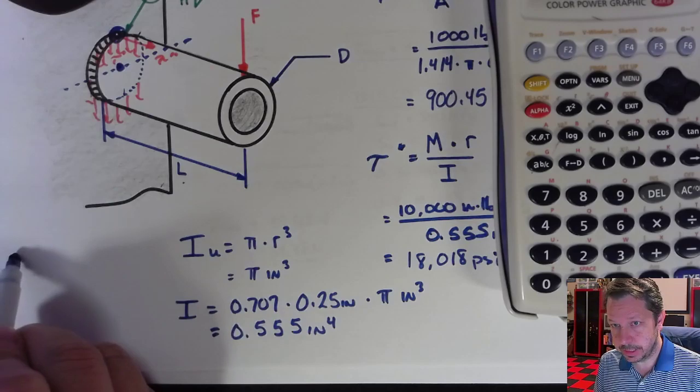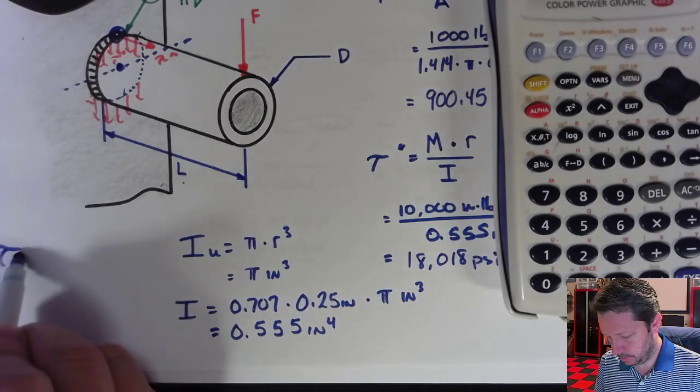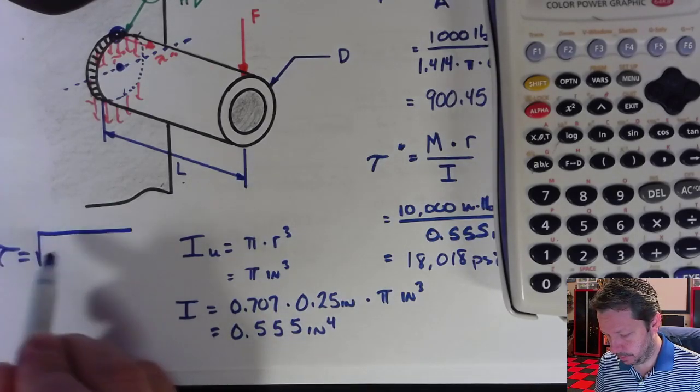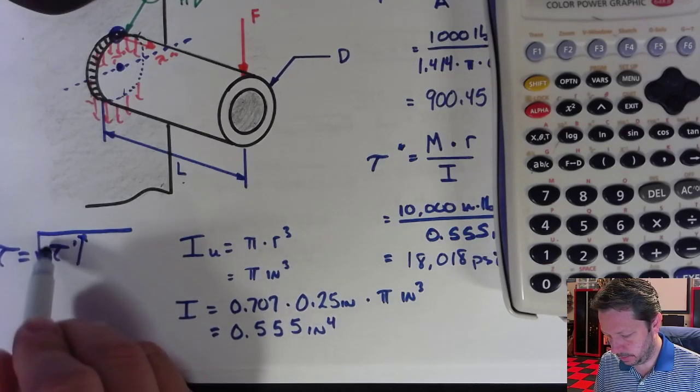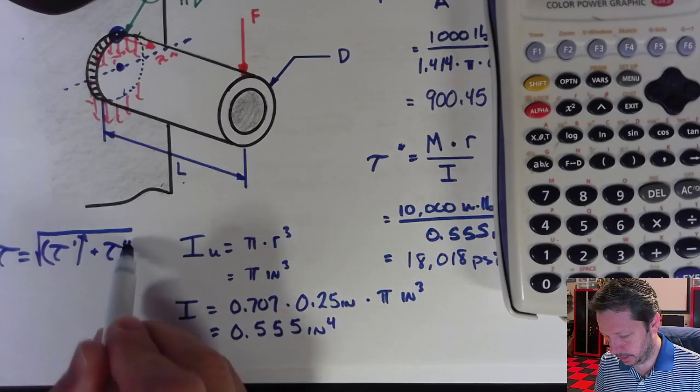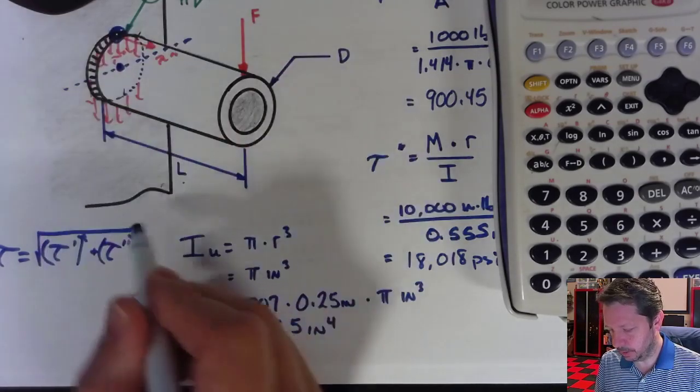Our shear stress tau equals the square root of our primary squared plus our secondary squared. They're already at right angles to one another.